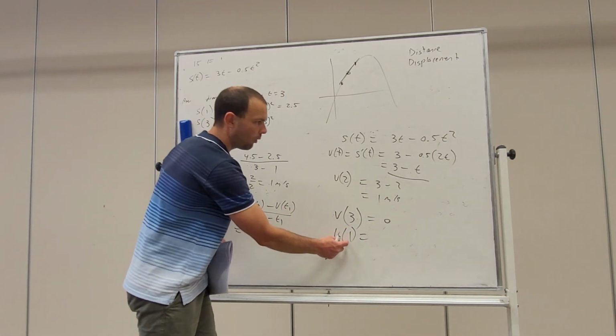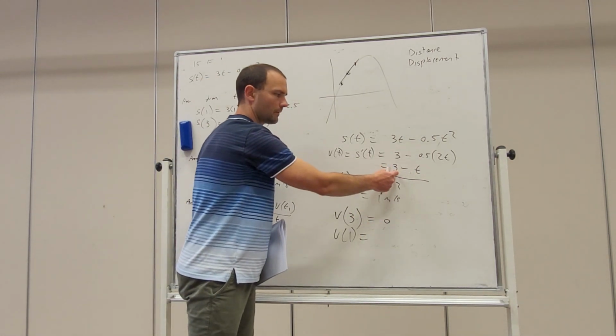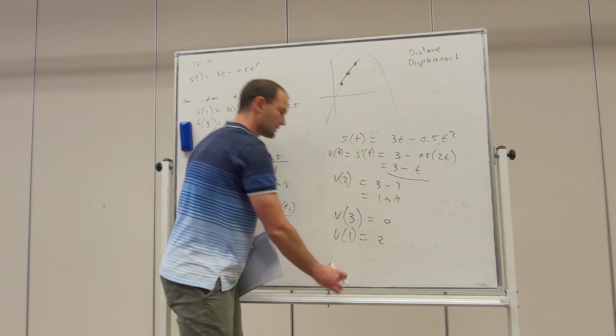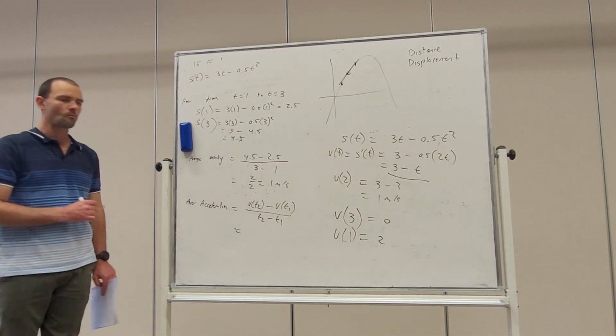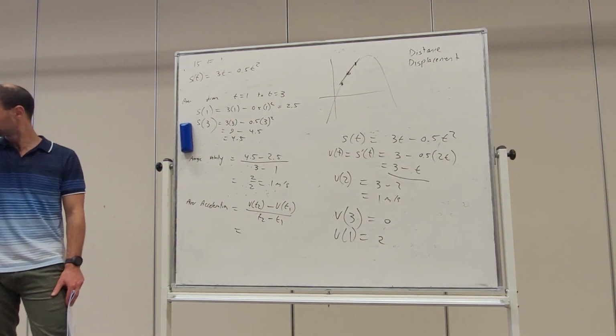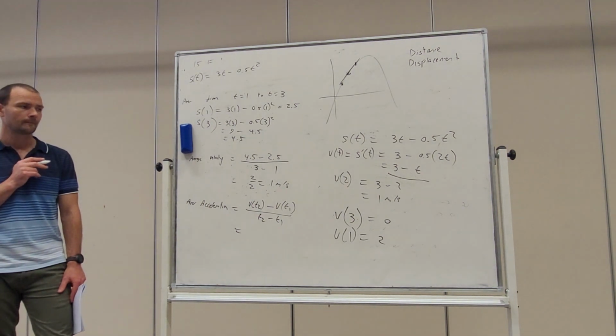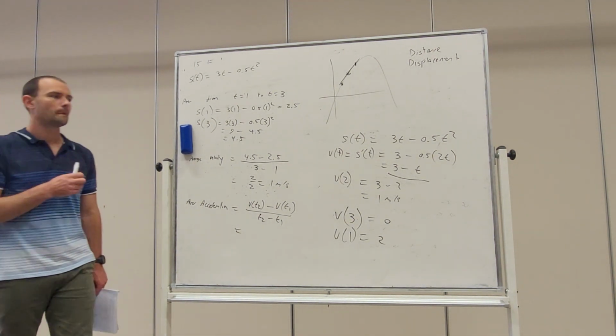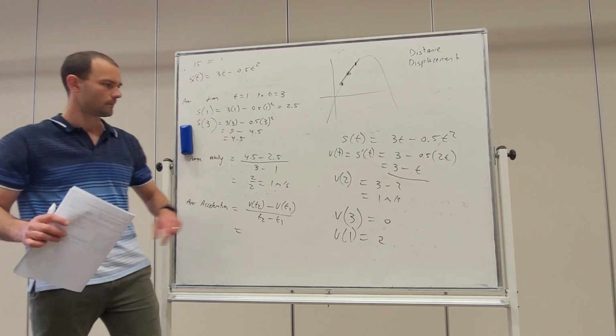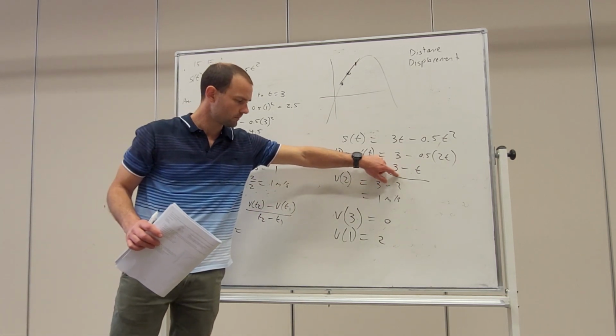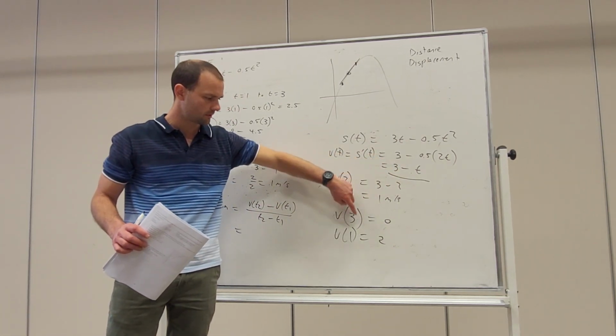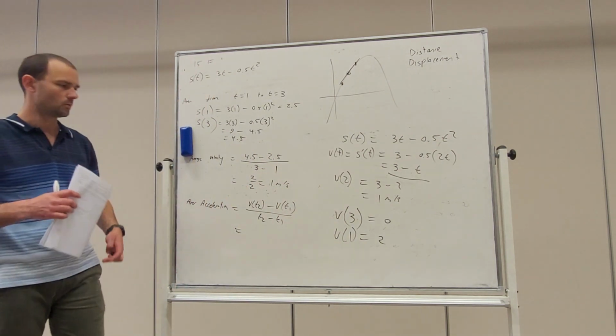And if we put 1 into the velocity equation, we'll have 3 take away 1, which will be 2.